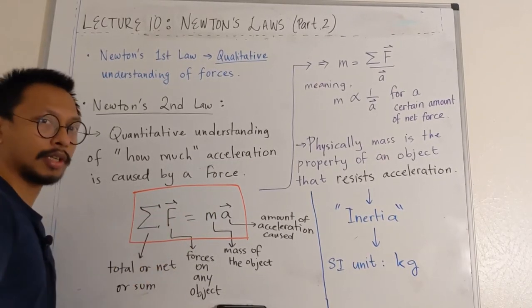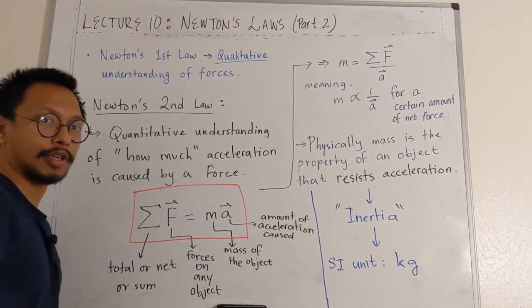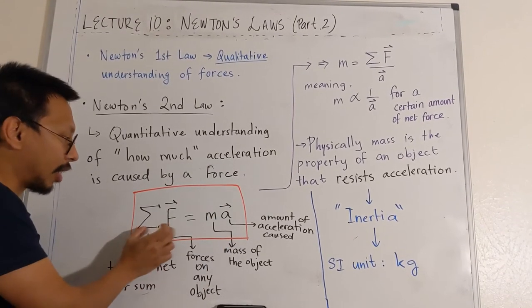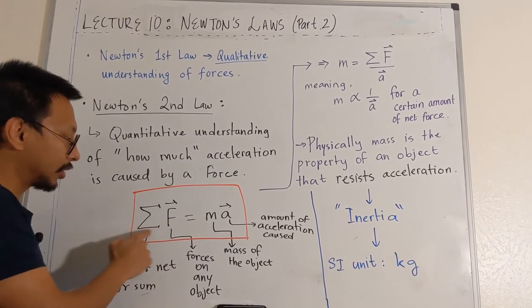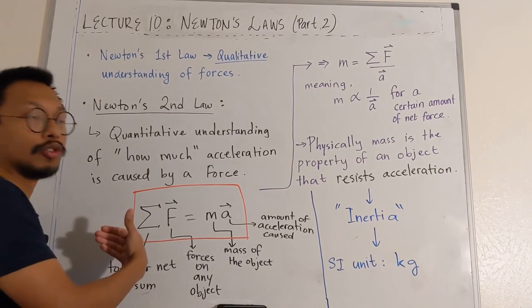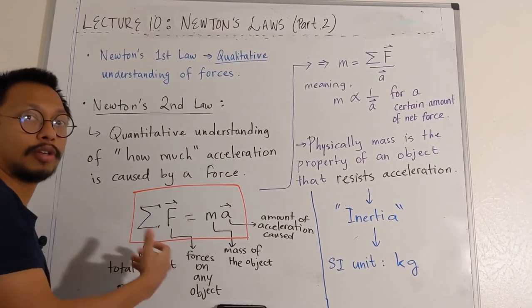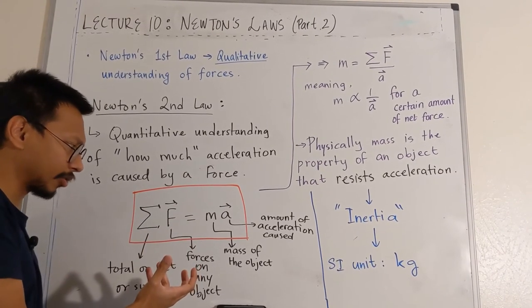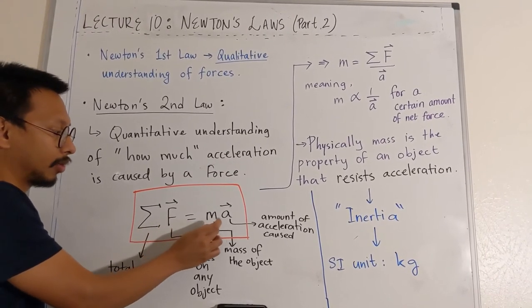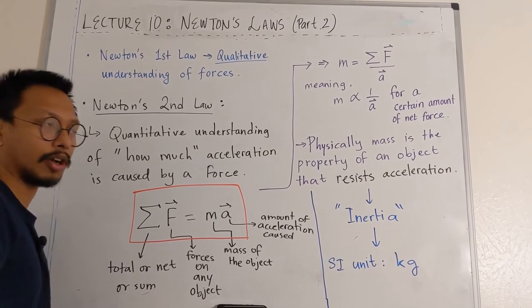Since force is a vector, acceleration is also a vector, so we have to be extra careful when summing forces. This sigma sign basically tells us to sum all the forces on a particular object. We call this the net force, equal to the mass times acceleration for that object.